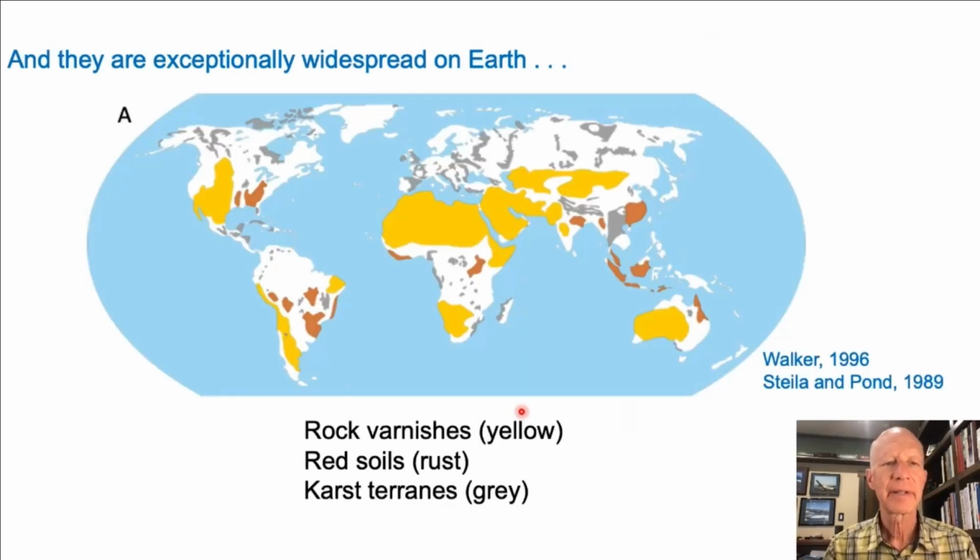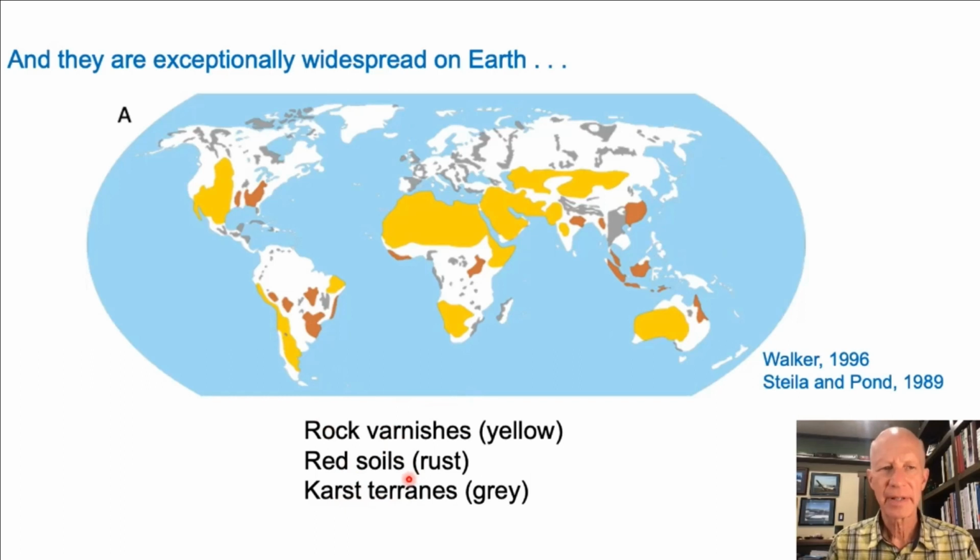These coatings are exceptionally widespread, more so than I ever suspected. And one thing I learned in this project, working with this group, is how extensive they are. The yellow ones are the rock varnishes around the world, as you can see. And the red ones, the rust-colored ones, are the red soils, the lateritic soils that are exposed. And then all the karst terrains.